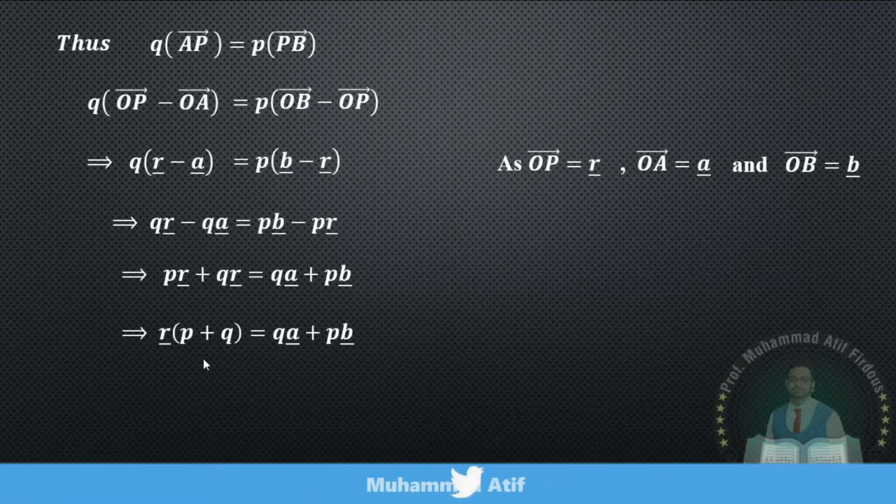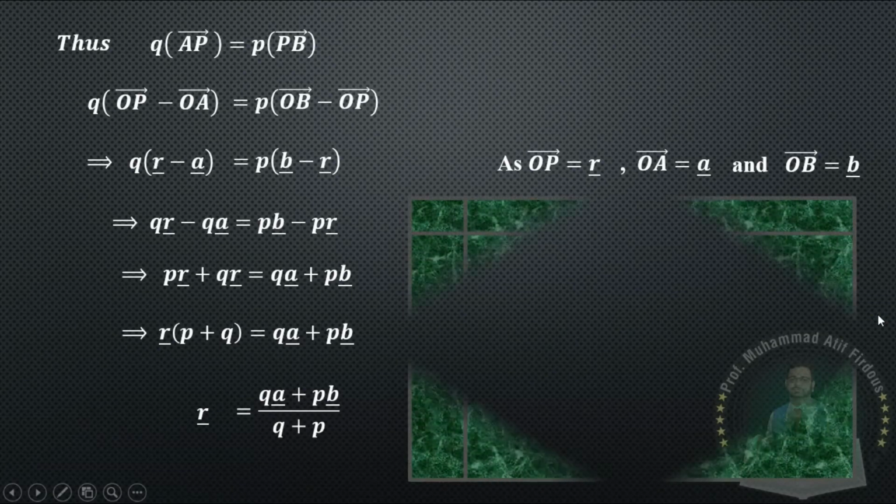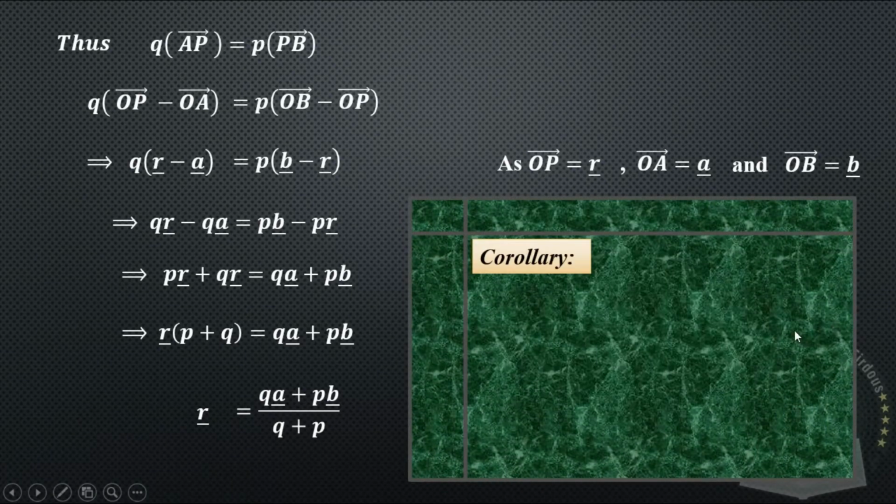Just divide by p plus q on the right hand side. You can see that you have your formula, which is equal to (qa + pb) over (p + q). Any problem? Okay. Now, a corollary which is related to this ratio formula: if P is the midpoint of AB, then the ratio p:q must be equal to 1:1.